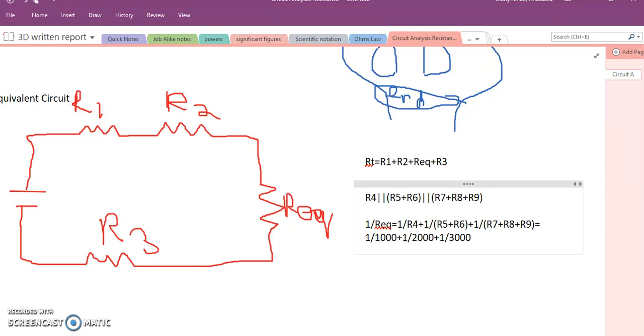Okay, this is where you grab your calculator and you start doing calculation. 1 over 1,000 is 0.001. 1 over 2,000 is 0.0005, plus 1 over 3,000 is 0.0003.